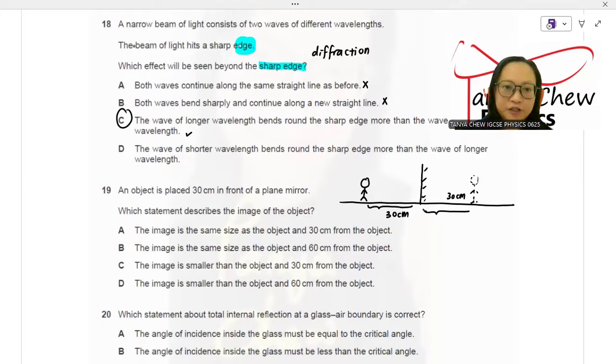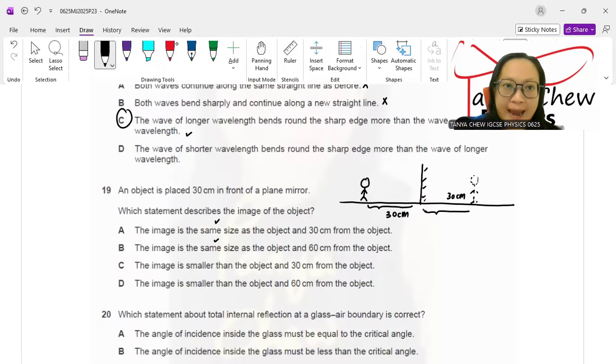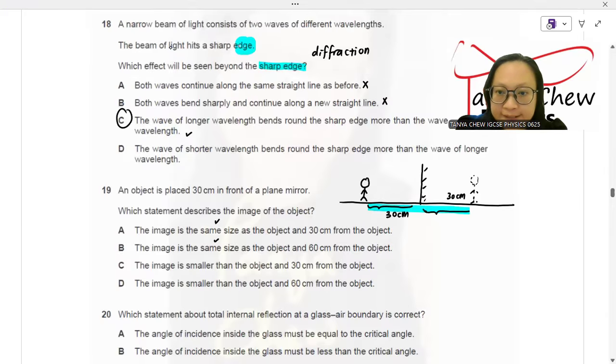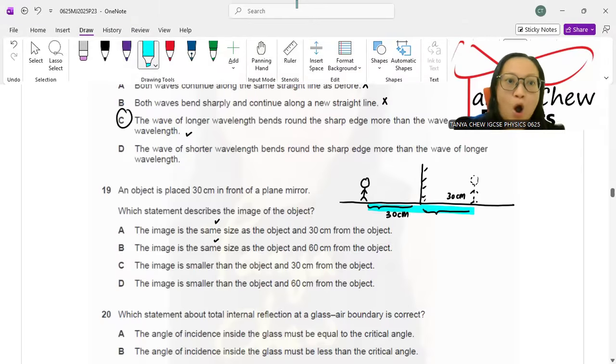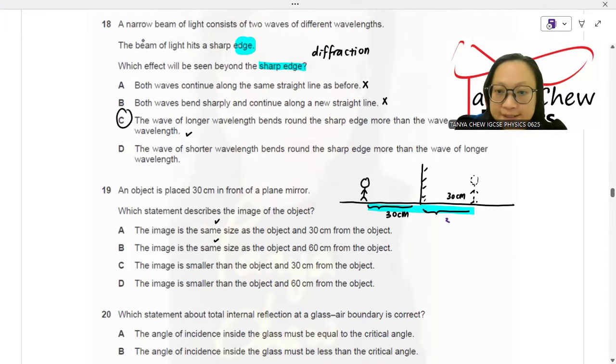A, the image is the same size, definitely, because this is a plane mirror, a flat mirror. As the object and 30 cm from the object? No. Object and the image is 60 cm. Object and the mirror 30 cm. Image and the mirror is also 30 cm. So this is wrong. B is the answer.